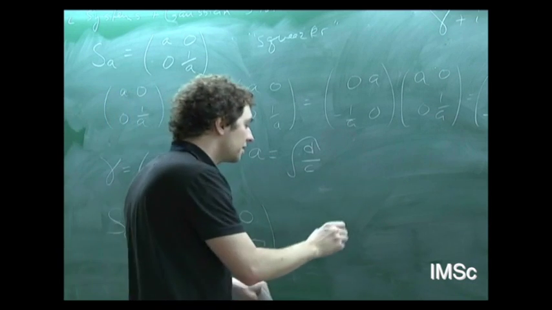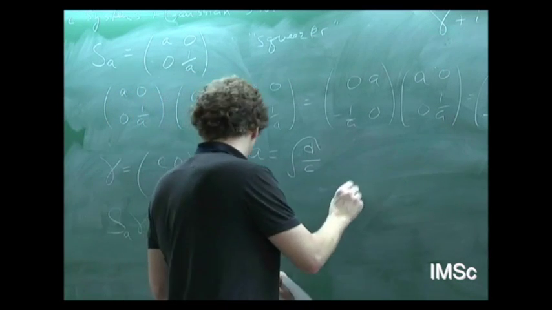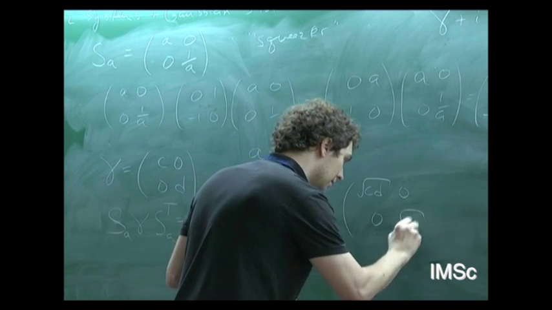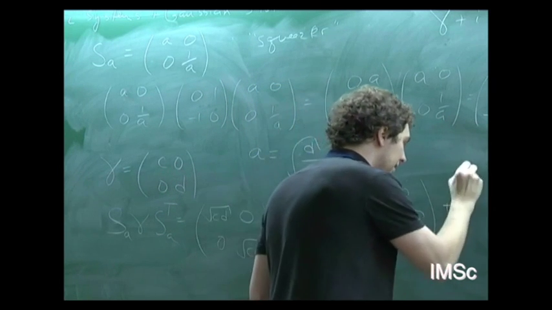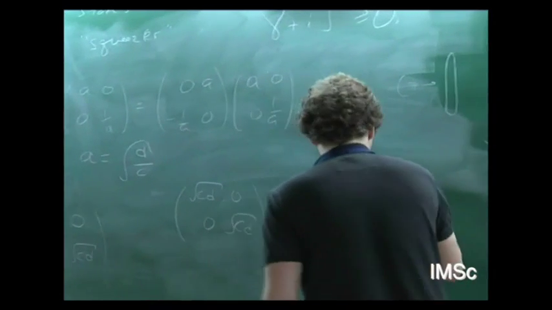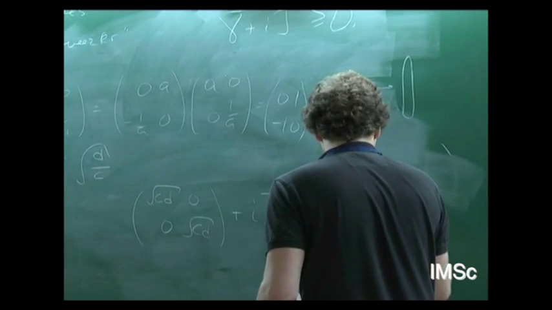And I can save myself some time in computing eigenvalues. So, for example, I take this covariance matrix. I want to know when it's physical. So I can write it down like this: plus identity times i j. This is just going to be equal to root CD, i, minus i, root CD.